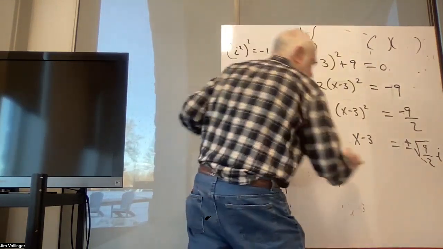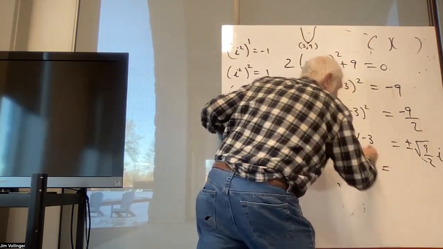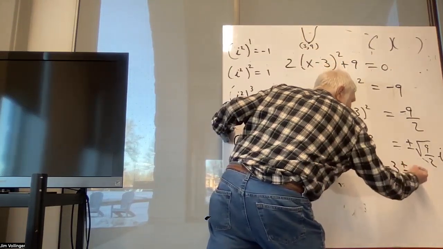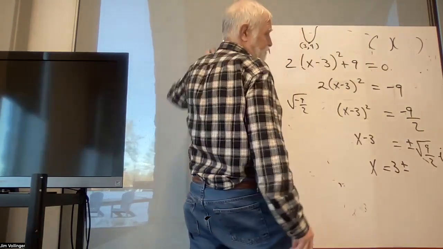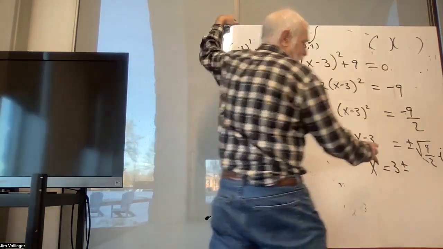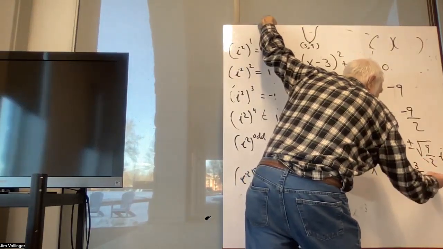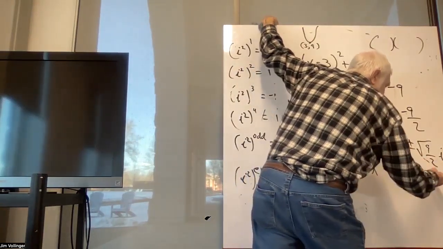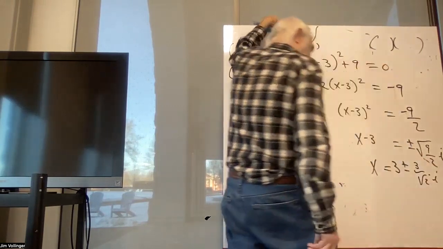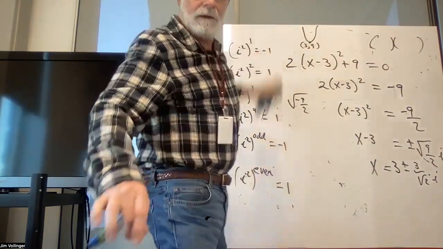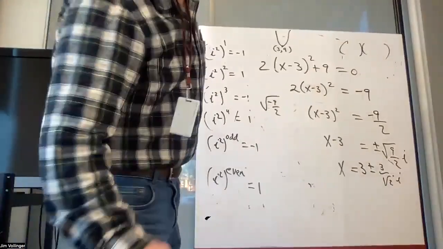Last step: x equals, subtraction of 3 becomes addition of 3. I suppose I could write this as 3 over root 2, and I could rationalize that, but we're going to leave it as that because we're really looking at the process here.